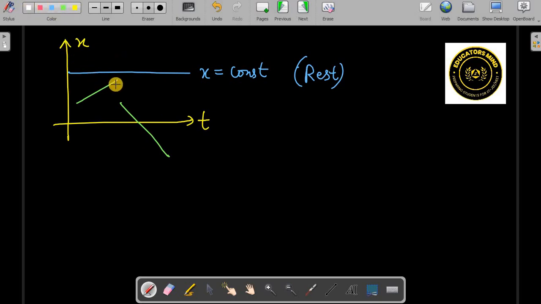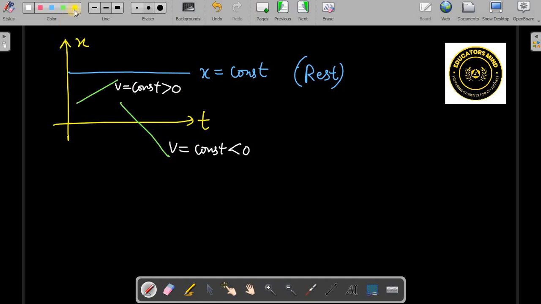In this case, velocity is constant and positive. Here, velocity is constant and negative, because the slope is negative. So constant velocity will be a straight line graph; positive or negative will be a line going up or going down.